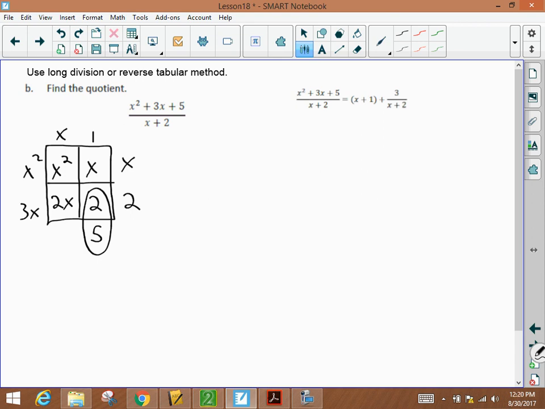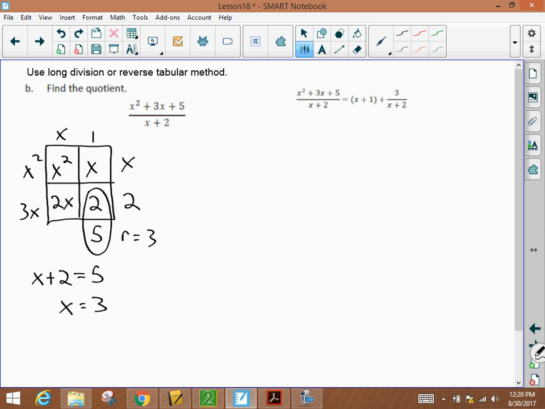Well, what do I need to add to 2 to get 5? In other words, something plus 2 equals 5. What is that something? It's 3. So that means my remainder is 3. How do we write that result?